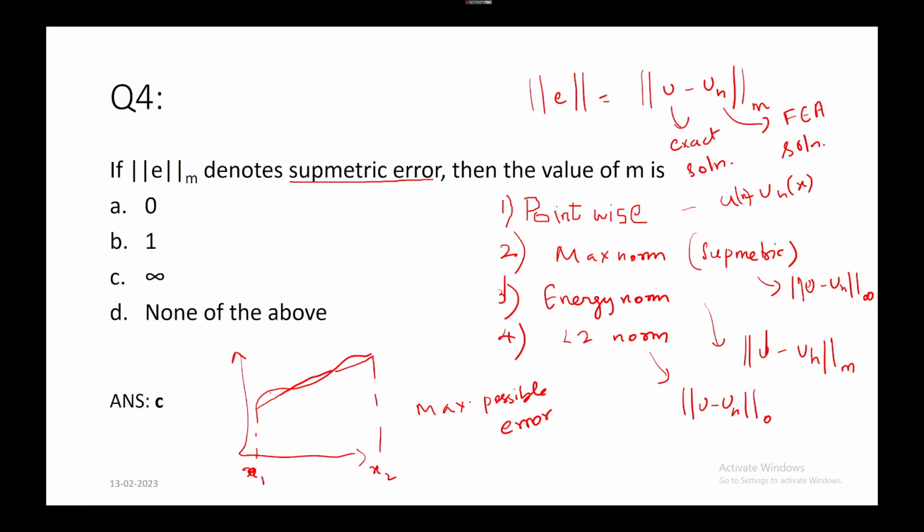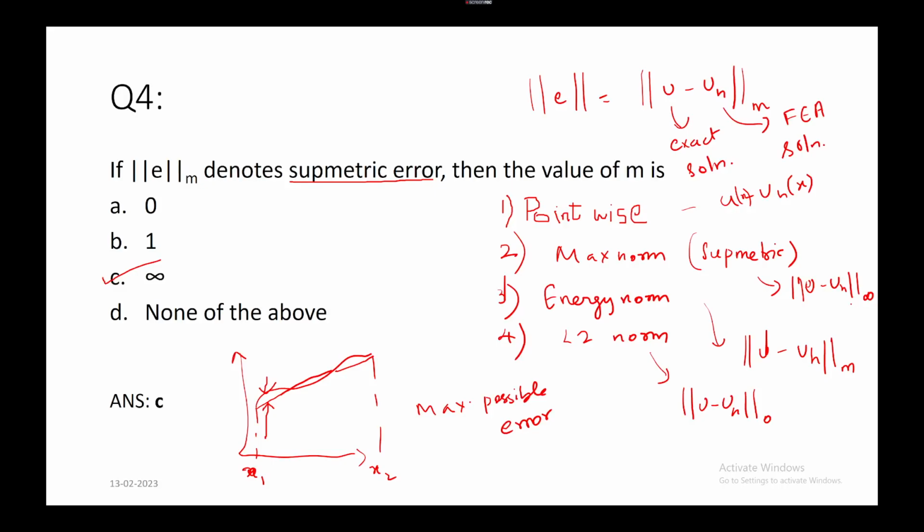The maximum error is somewhere at this point. So if you see the symbol, this subscript is nothing but infinity. So the answer is C.